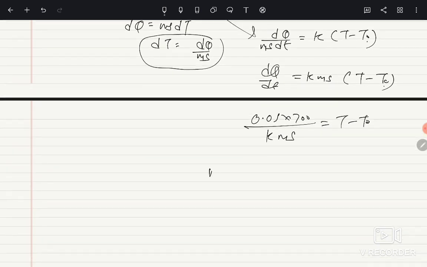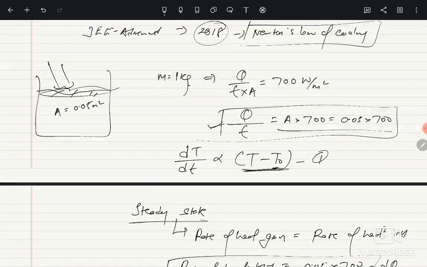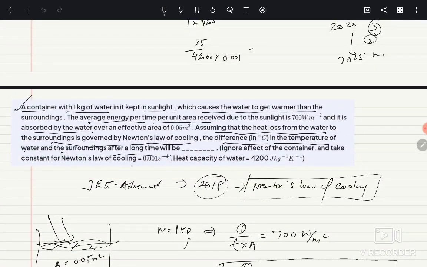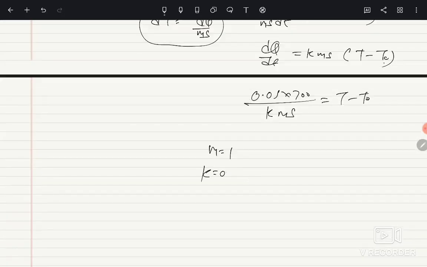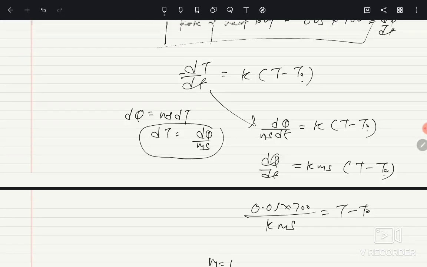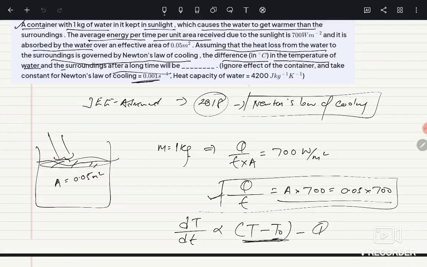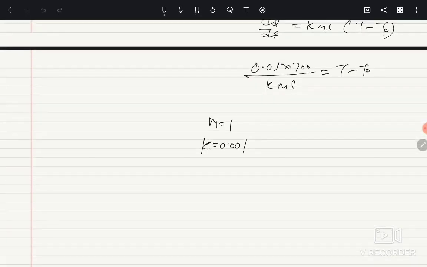Mass of water is given as 1. Its constant is given as 0.001, and specific heat is given as 4200. Here we have to put everything. This multiplication will give us 35.